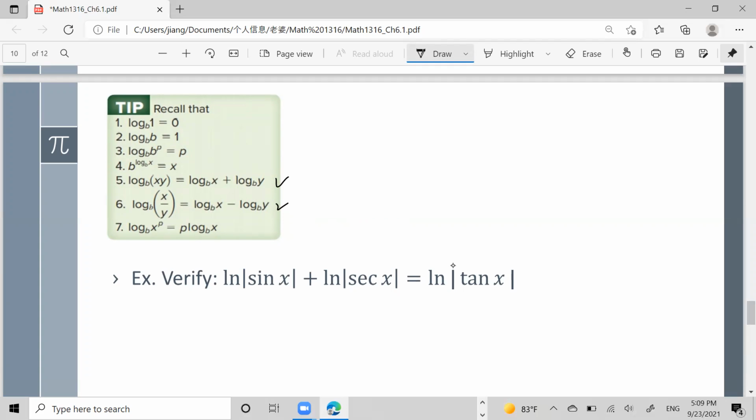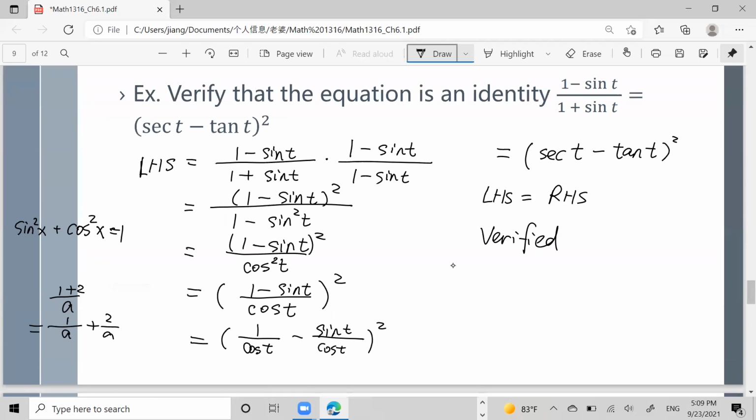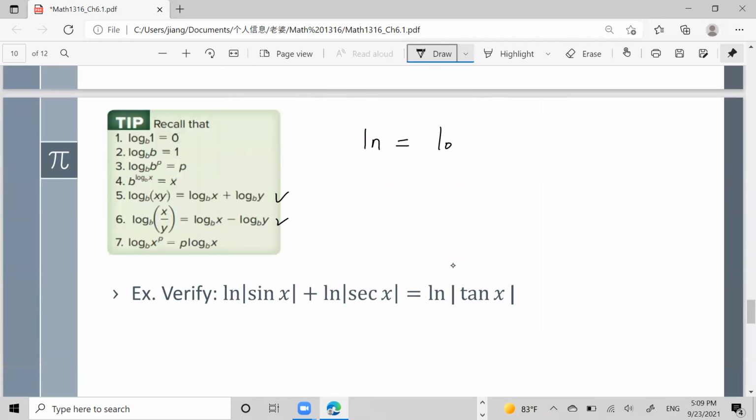And I can write it down like log with base e. Since the base is e, I just write ln. I don't need to say the base is e. And ln also satisfies all of these, from 1 to 7.